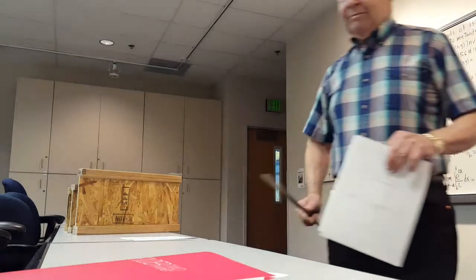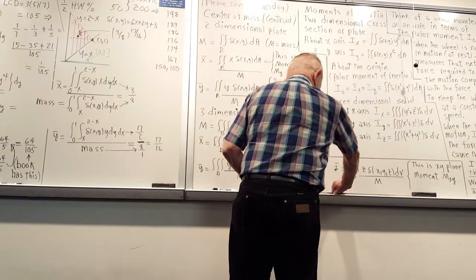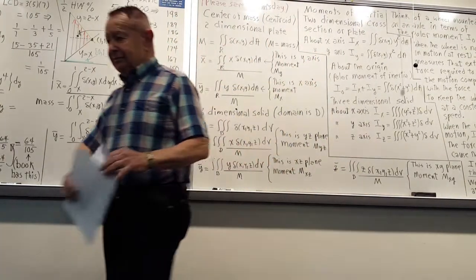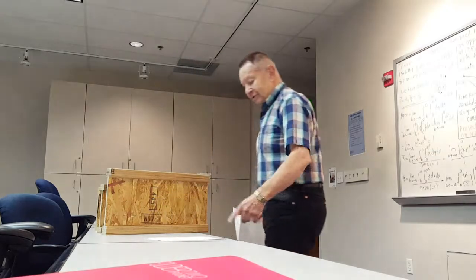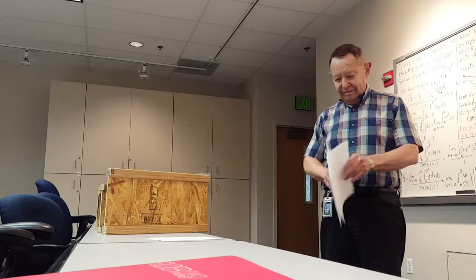But the people that are doing engineering and actually using moment of inertia numbers use the moment of inertia from an axis that would be at the base. So what I've gone through with you is the way that people actually do it.